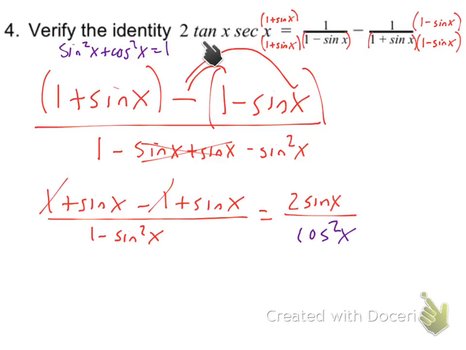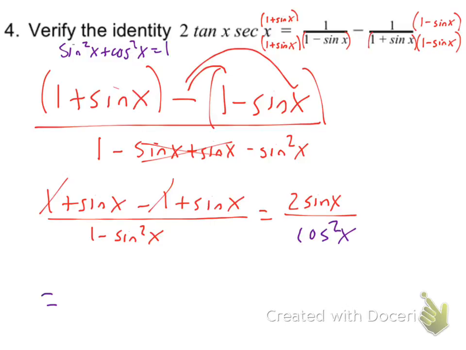But what is tangent? It's sine over cosine. Do I have a sine over cosine? Yeah, I do. Wait, but it's a cosine squared. Wait, guys. This is a fraction, and this is multiplied stuff together, like 2 times sine of x times 1 over cosine squared. Could I split this up?